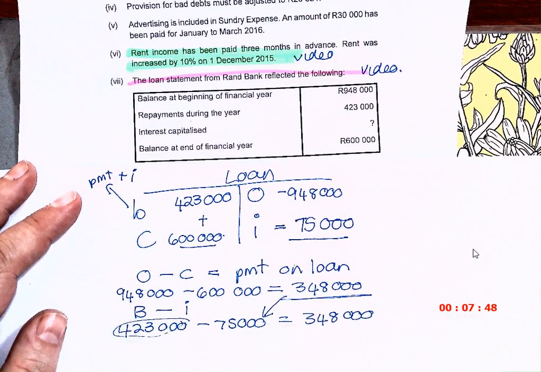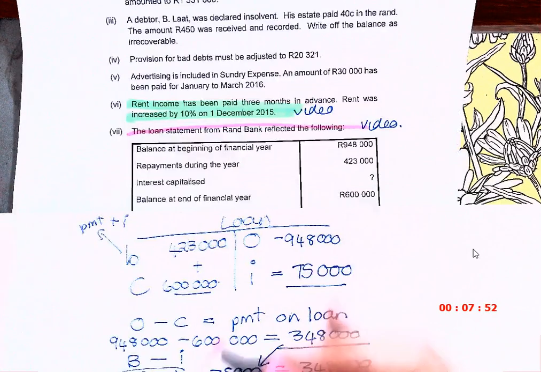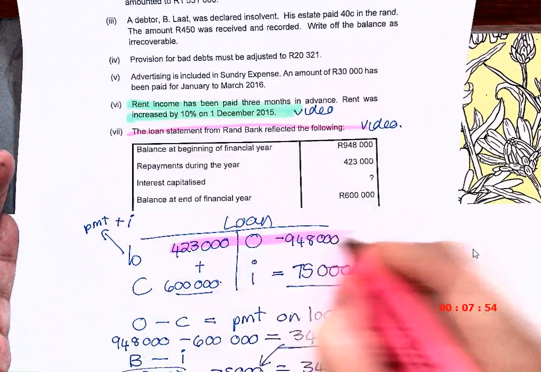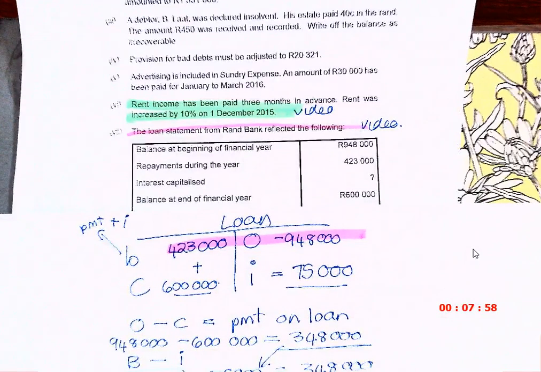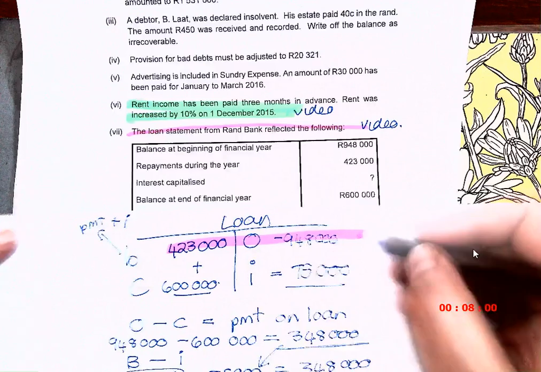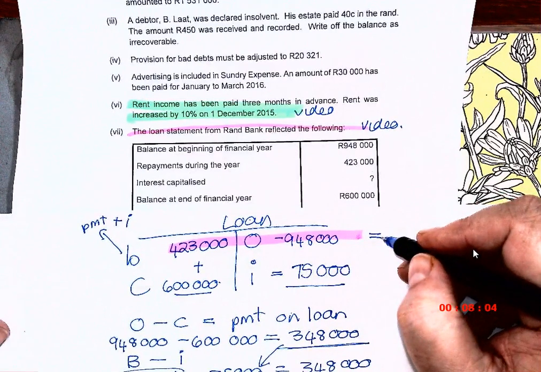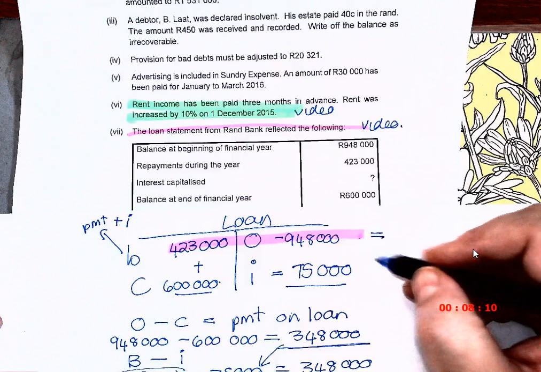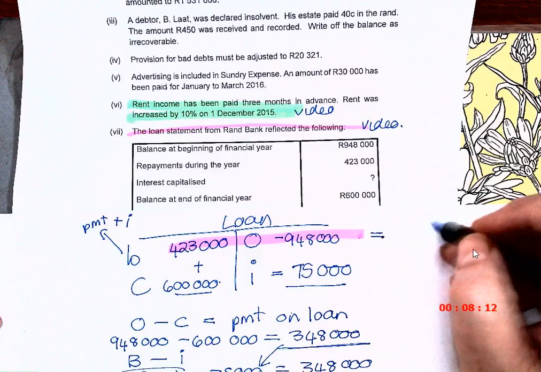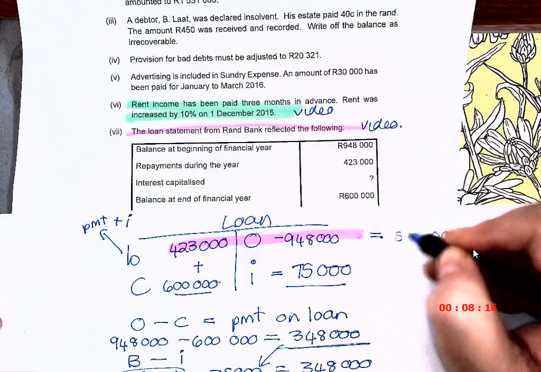And I also want you to see something. I hope this exercise shows it. I want you to quickly say 948 less 423. What is the difference? 948 less 423 gives me 525.